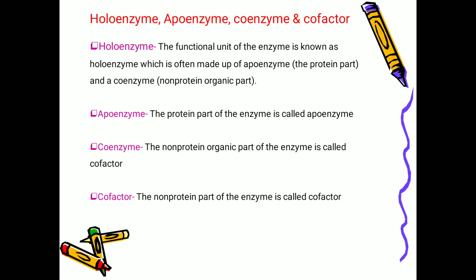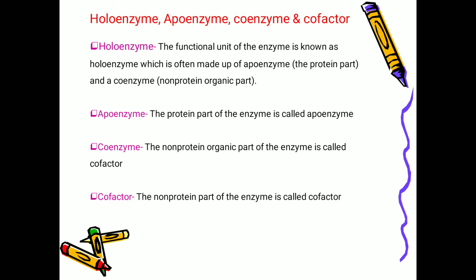The apoenzyme is nothing but the protein part of the enzyme. The non-protein organic part of the enzyme is called coenzyme.